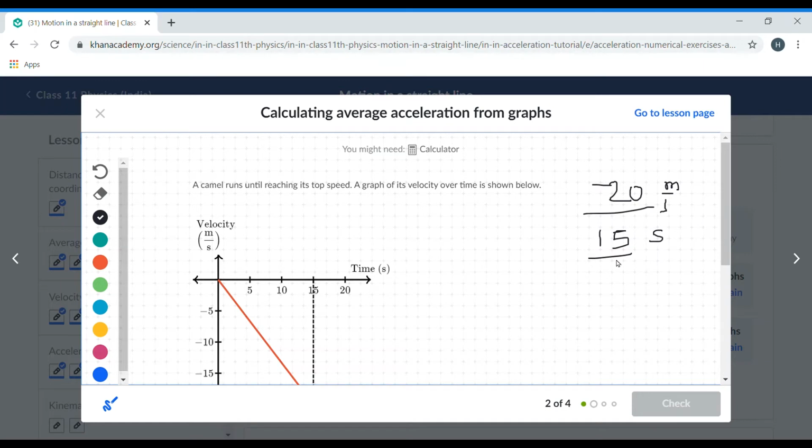So we have minus 20 times 1 over 15 seconds, and this simplifies to minus 4 over 3 meters per second squared.